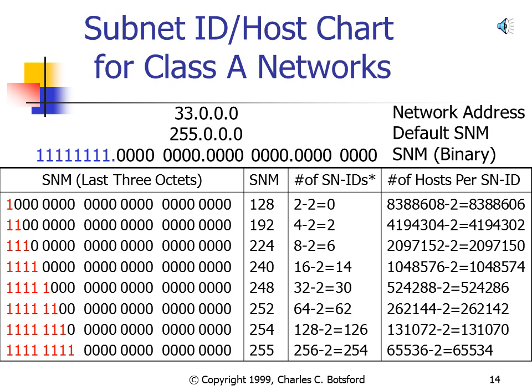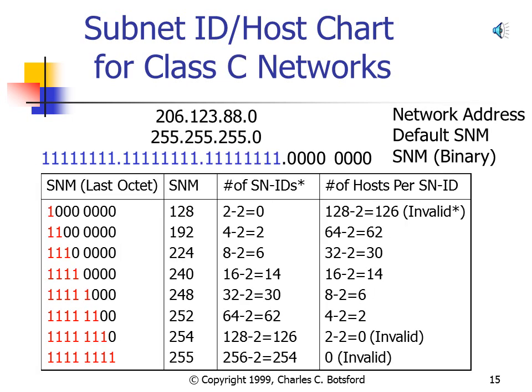If you're given a design scenario, first you determine how many physical segments there are and how many hosts on each physical segment, and then you'll choose a subnet mask, in this case a Class A subnet mask, that gives you the appropriate number of subnet IDs for the physical segments and gives you the appropriate number of host IDs per subnet ID to match the number of hosts per physical segment.